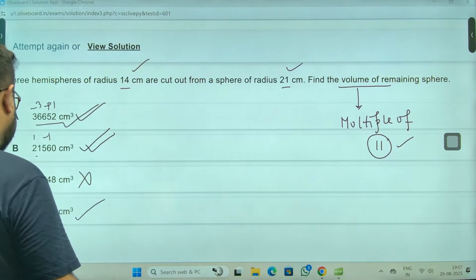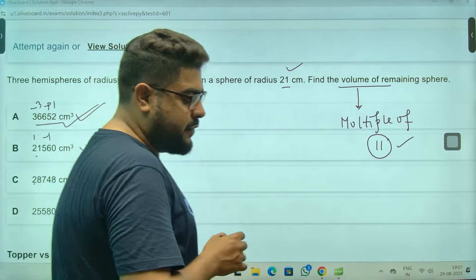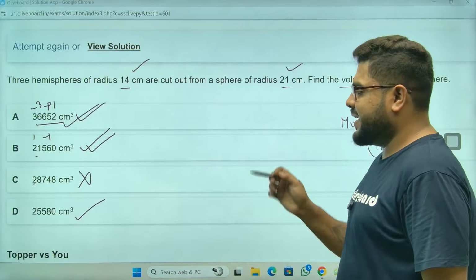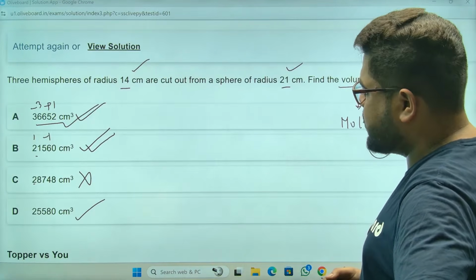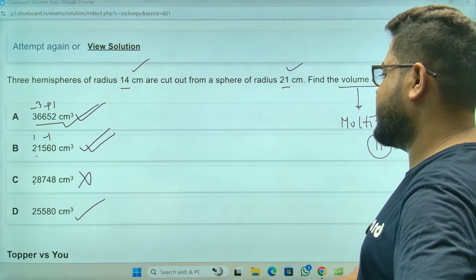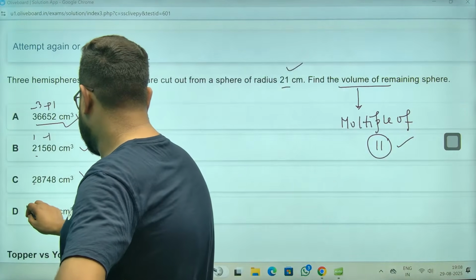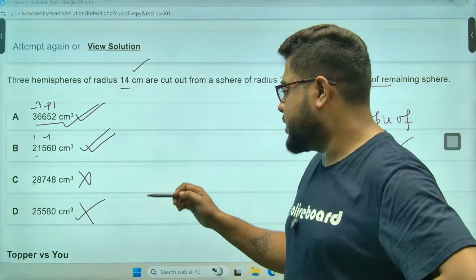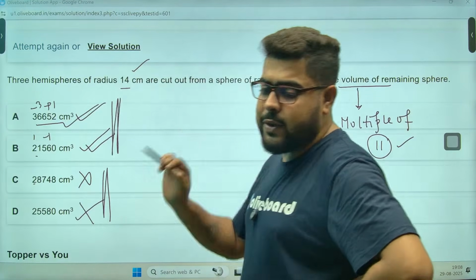This is minus 6, also a multiple of 11. Let's see. This one is also a multiple. This one is not a multiple, and these two are not multiples either. So my answer can be between A and B only.